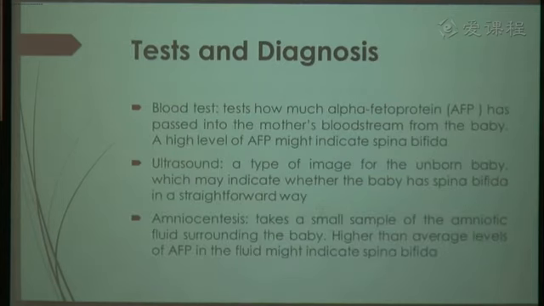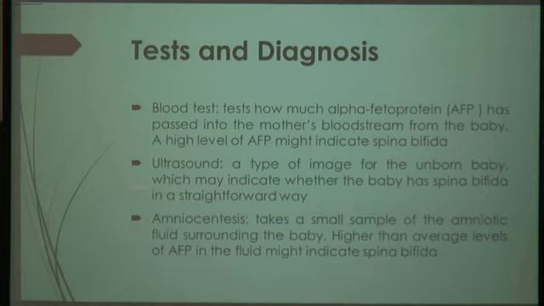How do we test and diagnose these diseases? Most of these methods are quite similar to the ones I talked about for testing and diagnosing Down syndrome. For example, with a blood test, people can look at alpha-fetoprotein, AFP, and a high level of AFP will indicate spina bifida.